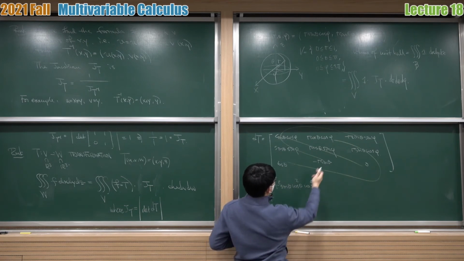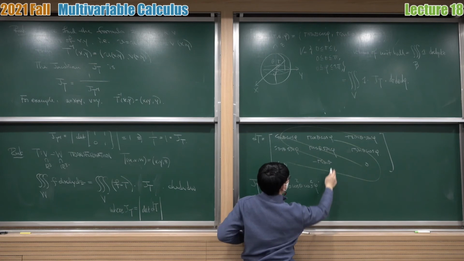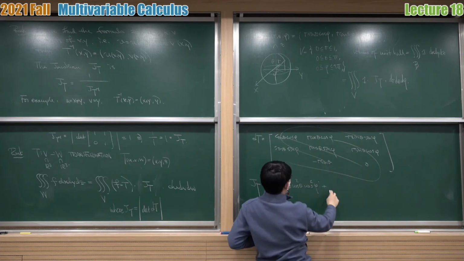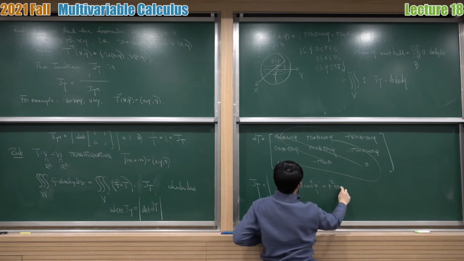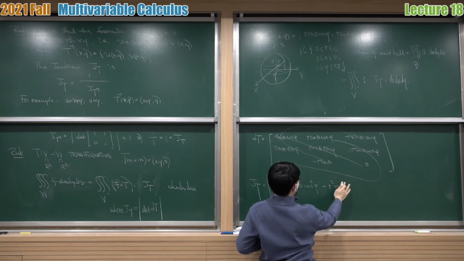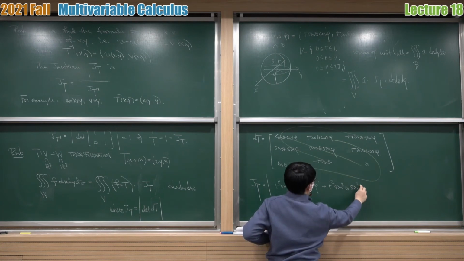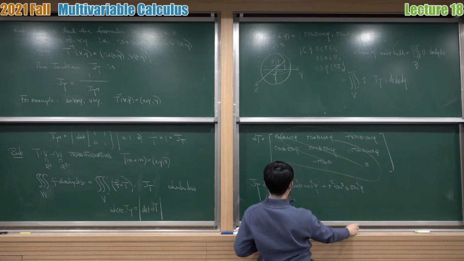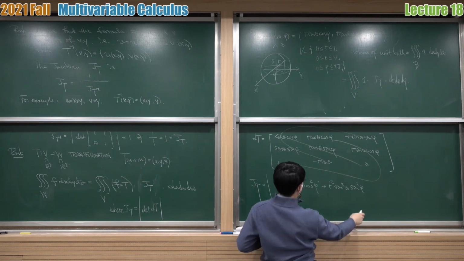And then I'm taking these two and that, and plus r square sine square theta, actually cube, right? Cube and sine square theta. Is that right? Right.